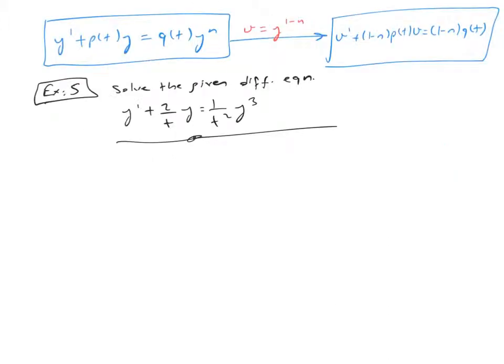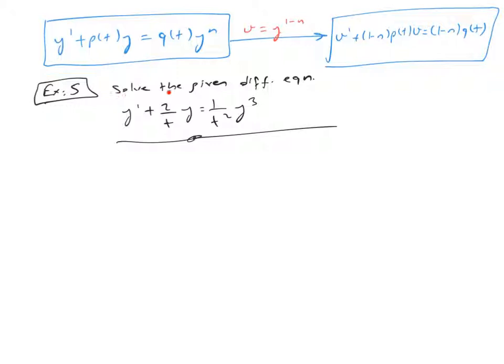And before solving the example 5, here I wrote what we have found in the previous slide, and that is how to convert a nonlinear equation, which is in the form of Bernoulli equation, into a linear equation by making a change of the dependent variable. And here our example 5.